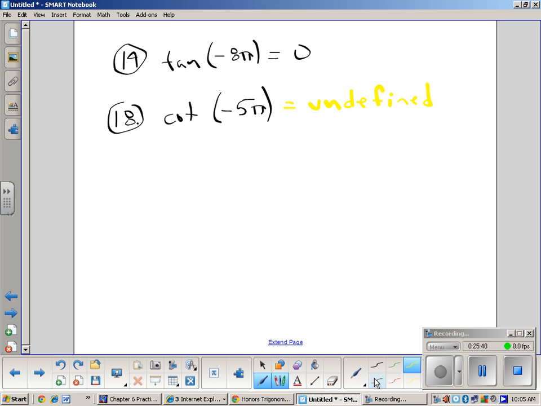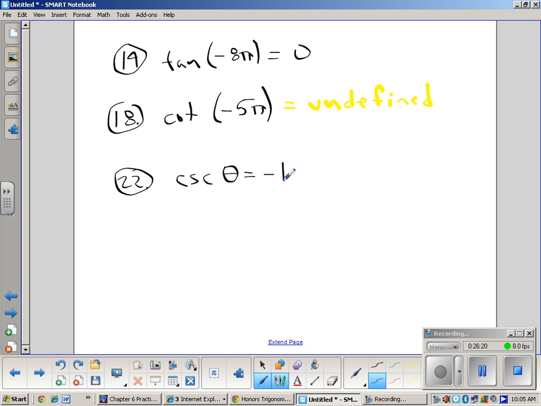Okay? And then the last one is number 22. Number 22 says find the values of theta for which each equation is true. Cosecant theta equals negative 1. They want us to find all the values of theta. That's 22. 23 is secant. Oh, did I look at it wrong?